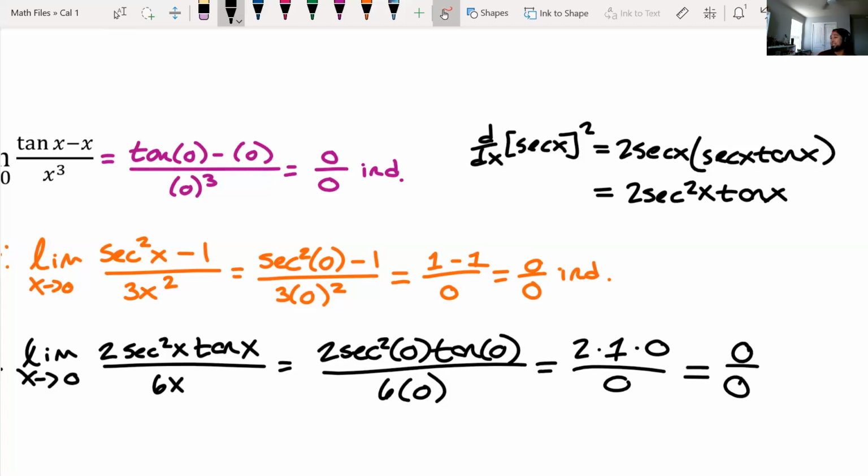Which means that we could use L'Hopital's again, but it can get messy because now you're going to have to use what rule on this numerator? Product and chain for that secant squared again. But to avoid that, does anybody remember your trig limit identities? So we don't have to keep going further down the rabbit hole.